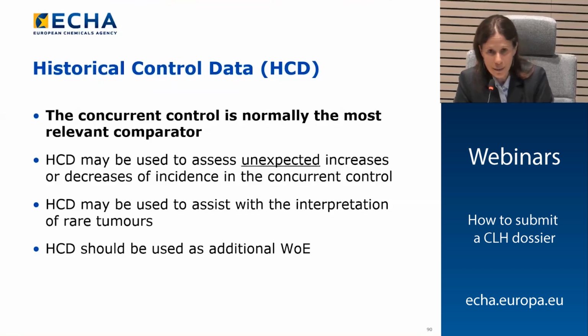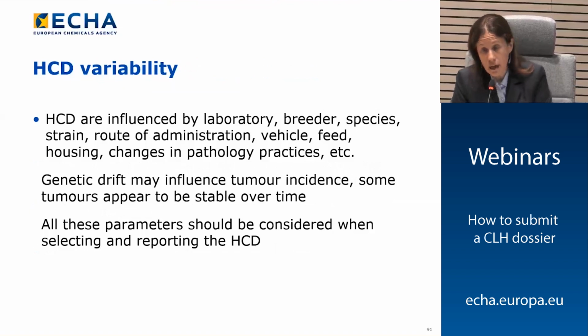I forgot to say at the beginning that this presentation is mainly about carcinogenicity, but that doesn't mean historical control data can be applied only to carcinogenicity. They can be relevant also for other hazard classes.